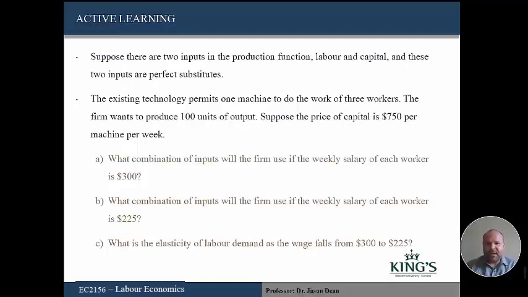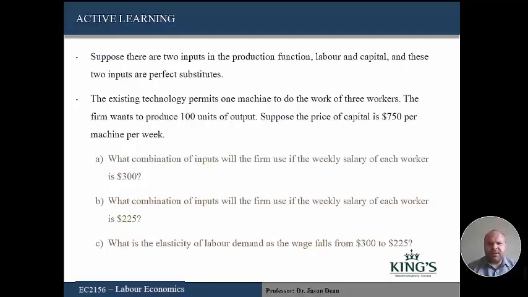And C is asking us, what is the elasticity of labor demand as the wage falls from 300 to 225? Let's think about this intuitively. The existing technology permits one machine to do the work of 3 workers. So would it make sense to use 3 workers to produce a unit of output if they cost more than using the machine?